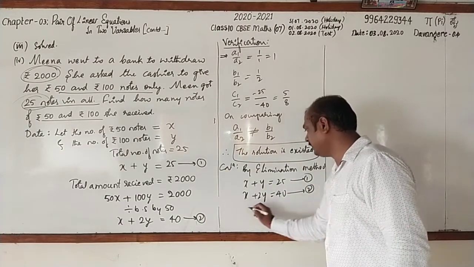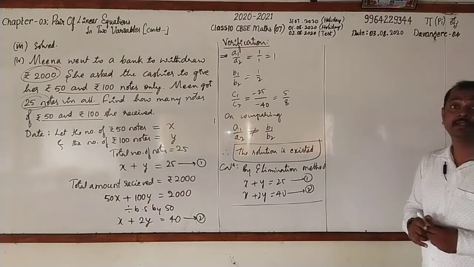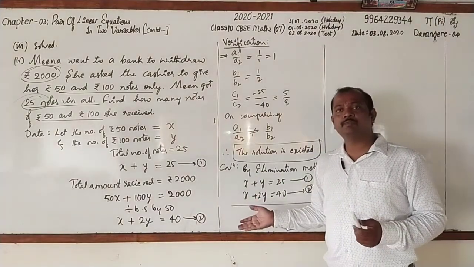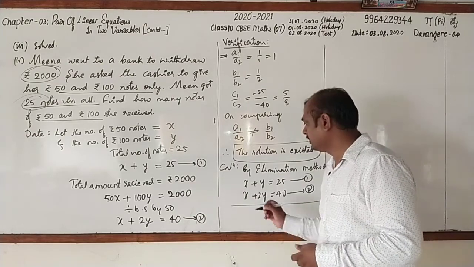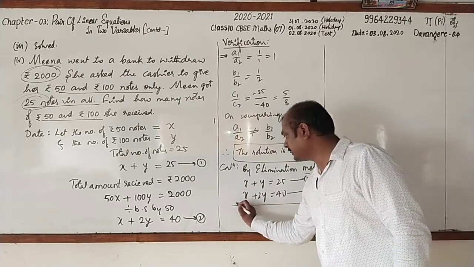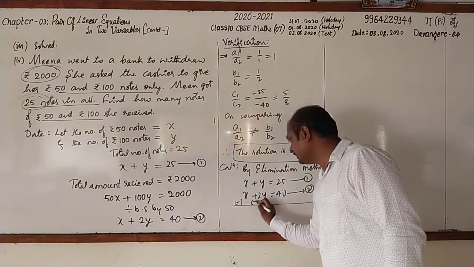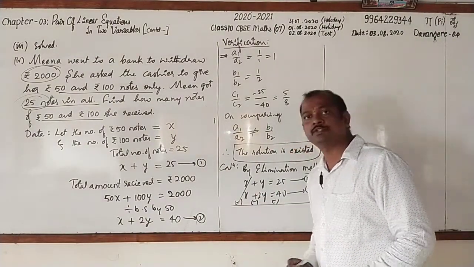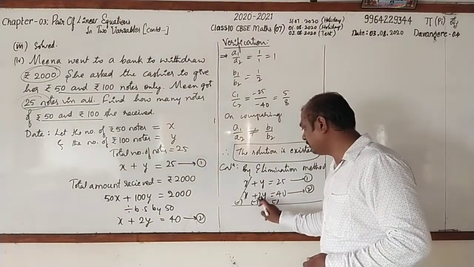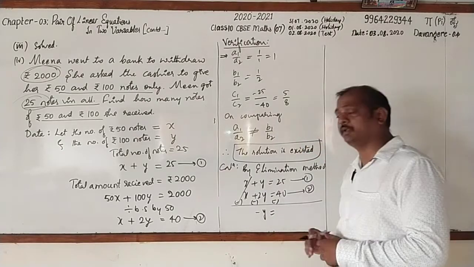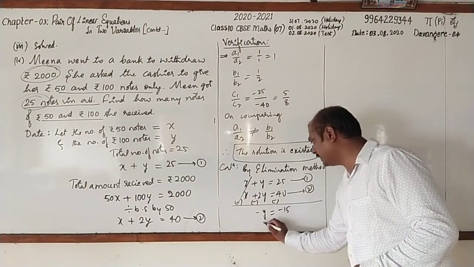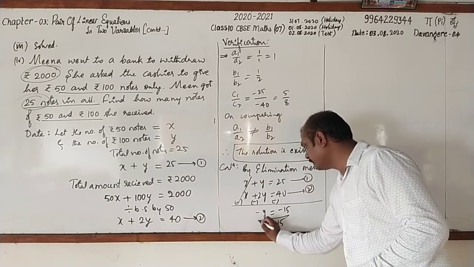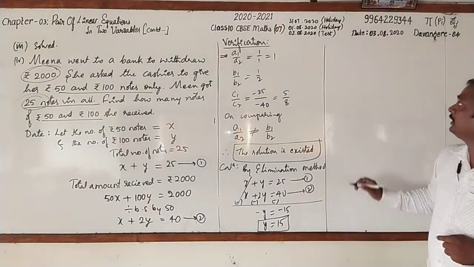Is it not simple? Yes. Why? The reason is the coefficient of x is the same. Here it is 1 and here it is 1. Hence we can cancel them easily by changing the sign. Here minus, here minus, here minus. These two get cancelled. What is y? Minus 2y plus y is minus y. Then 25 minus 40 is minus 15. y is equal to 15. Got it? Next.